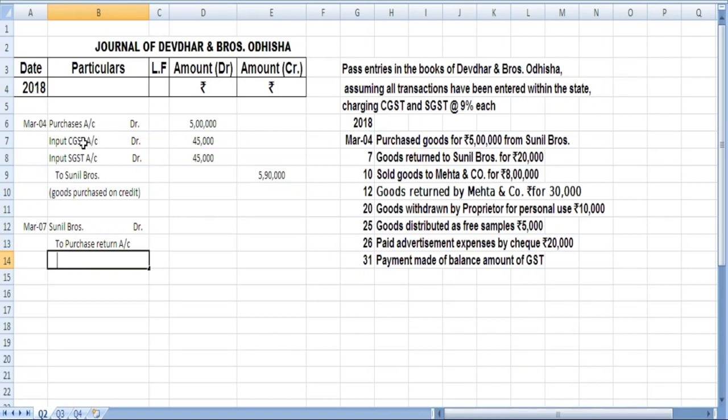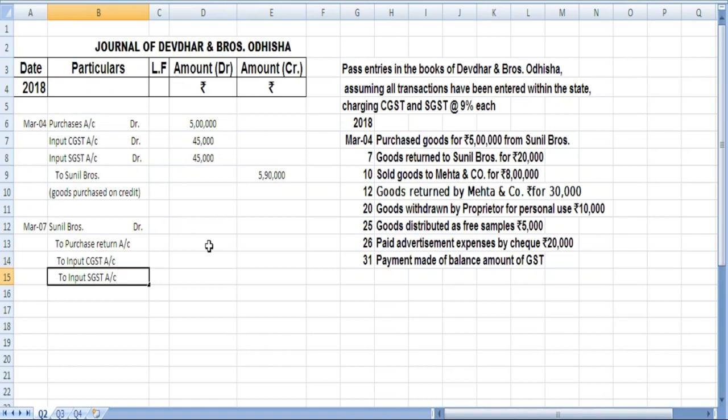Now over here, whatever percentage was debited, the same percentage we will credit, because this is not a sale. Whatever GST we had paid while purchasing, we will get it back. So we will write here to input CGST account, to input SGST account.